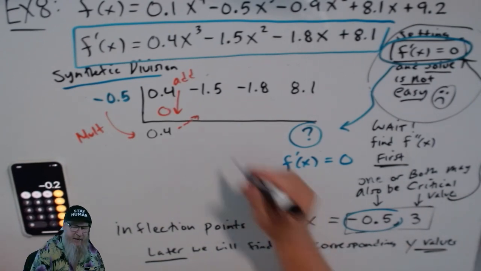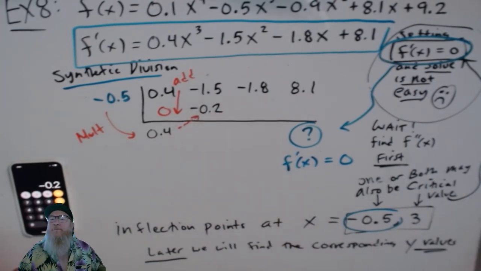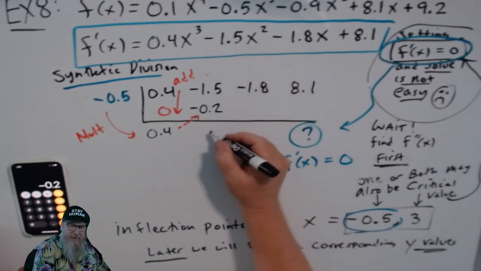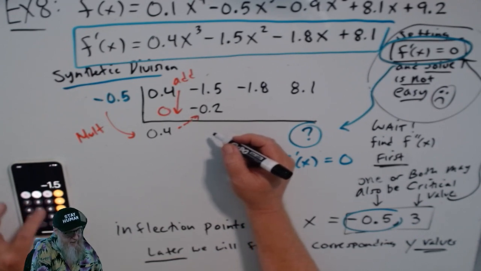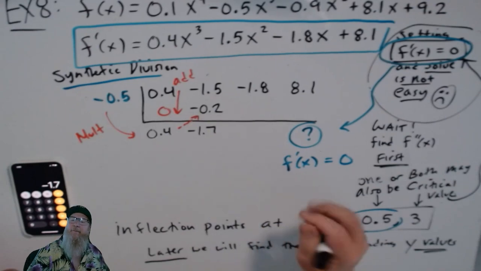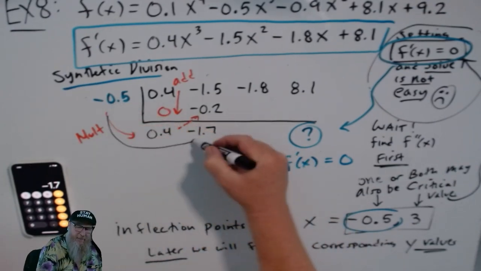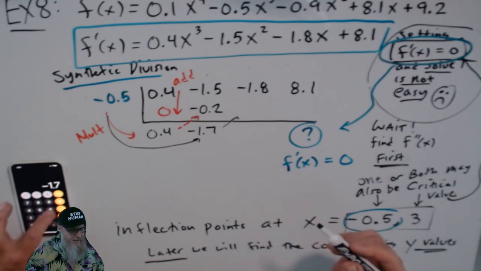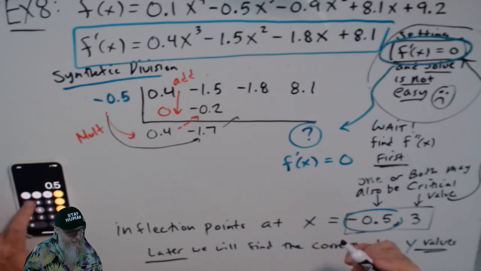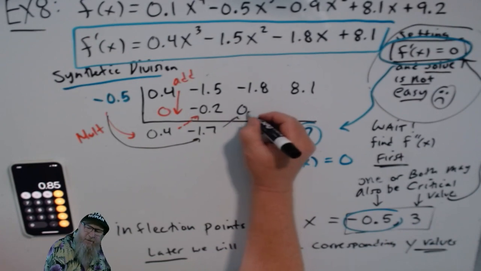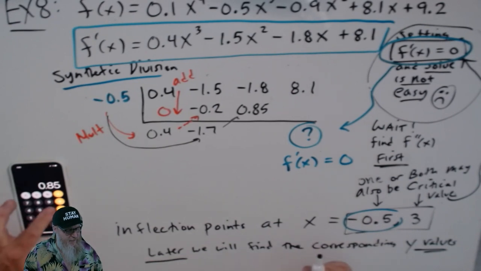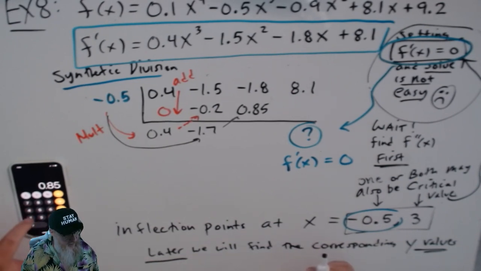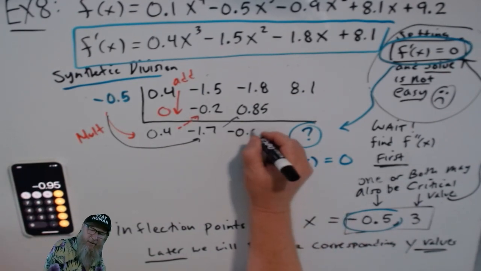Probably could have done that in your head. Negative 0.2. Then you add plus 1.5 negative. So you're going to get negative 1.7. Then you multiply and put the answer here. So times negative 0.5, 0.85. Then you add plus 1.8 negative. You get negative 0.95.